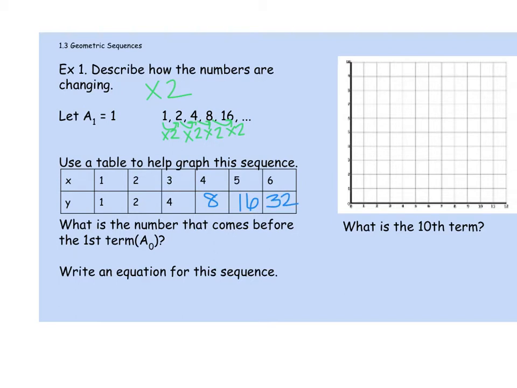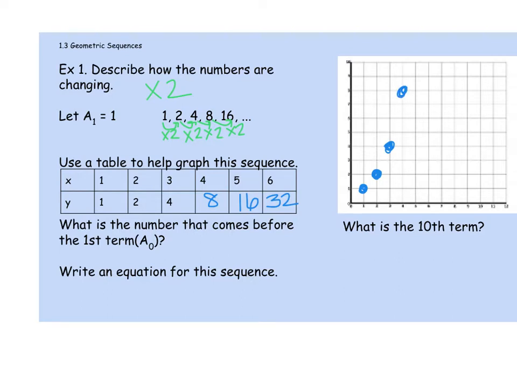Let's graph it first, and then we'll move on to that next question. The first one is 1, that'd be 1 comma 1. The second one is 2. You can see how this looks kind of like a straight line. The third one is 4. The fourth one, 1, 2, 3, 4, 5, 6, 7, 8.